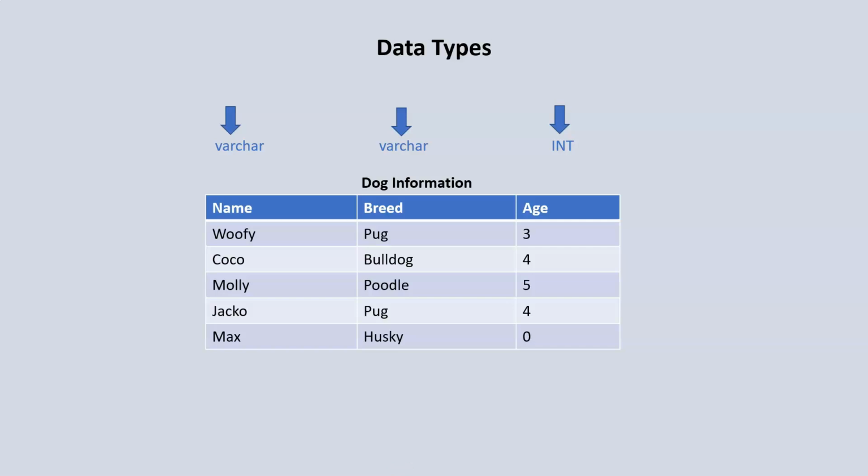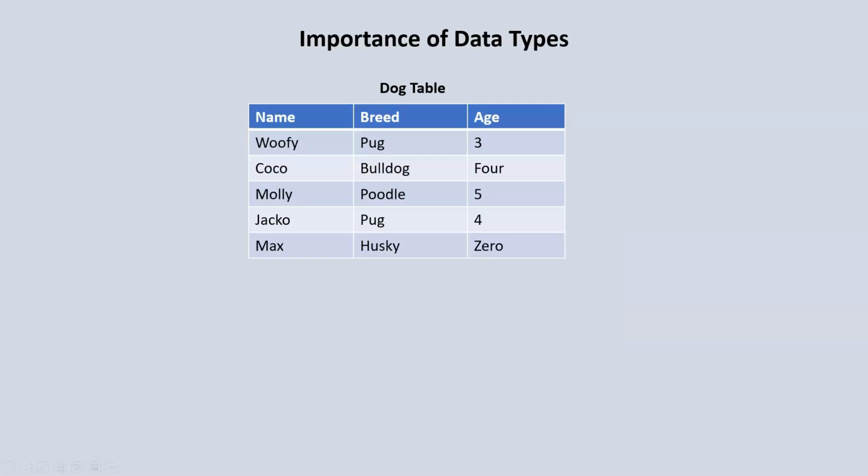It's also important to note that once we define the data types within each column, you should only store values within their appropriate or applicable data type. Now, why is this important? For instance, in our dog table, we have the names of the dogs in the name column, the breeds, and in the age column, we have Wolfie as age 3, we have Coco as age 4, but instead of writing it as an integer, we spelled it out in characters.